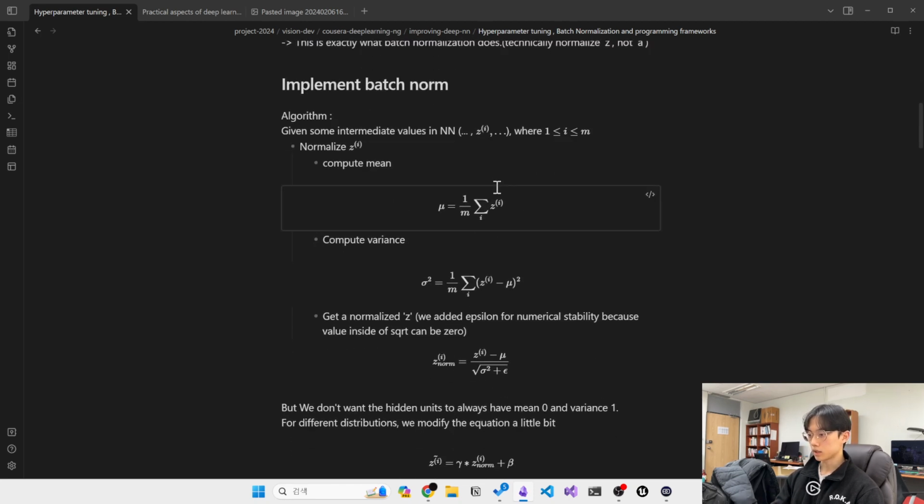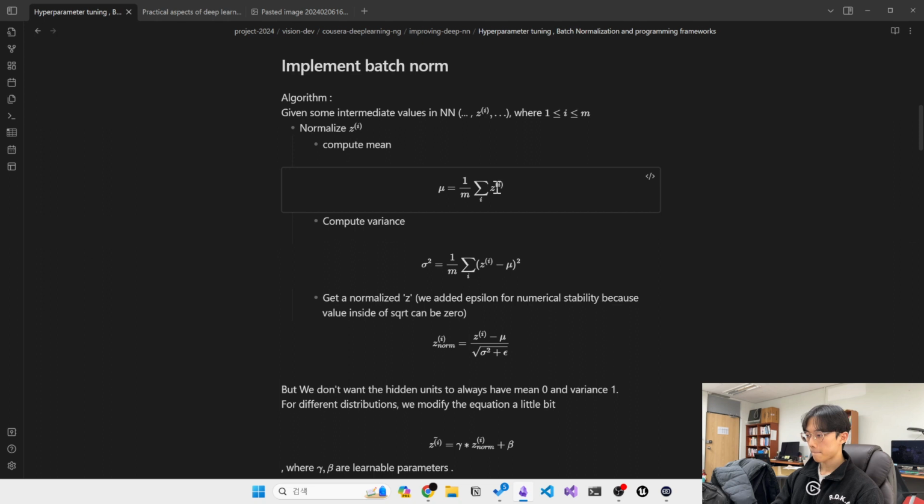So to implement batch normalization, batch norm from now on, we have intermediate values in the neural network. Let's call it z i. To normalize z i, we need to first compute the mean and the variance and get a normalized z.